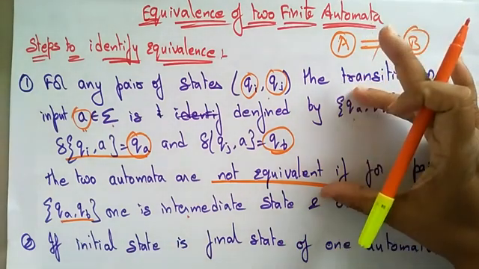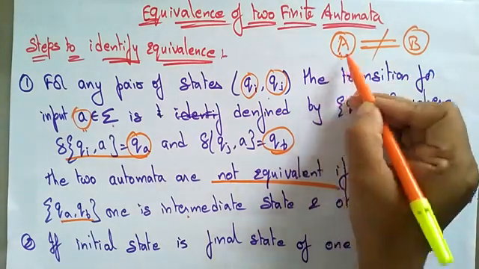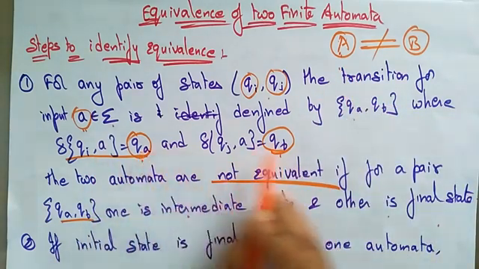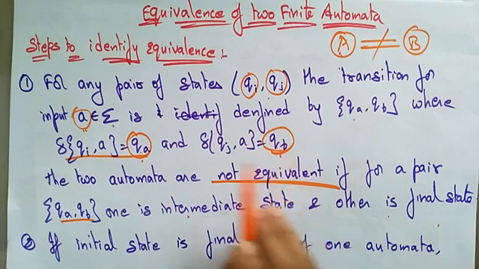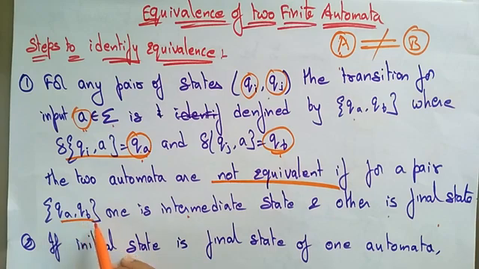But the concept here is: for the states you have taken, for a particular input, the transition function gives new states. If those two states are equal, or if they form a pair Qa, Qb where one is intermediate and the other is final, then you can say it is non-equivalent. If both are final, then it is equivalent. If both are intermediate, then it is equivalent.